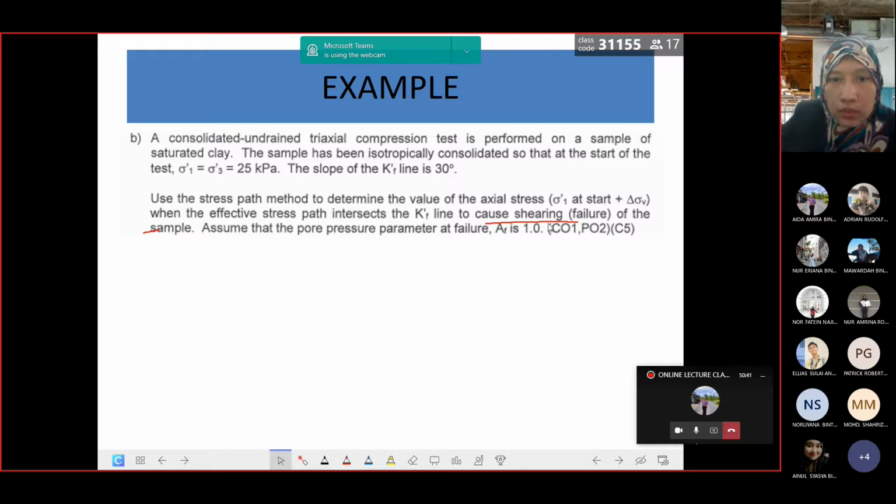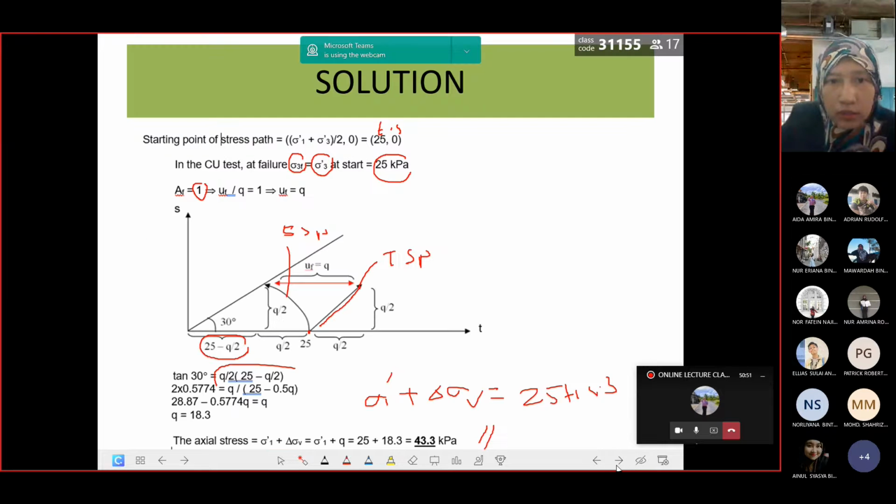So this is a conditions yang mana kita diberi maklumat awal tegasan tu sigma 3, sigma 1 sama dengan 25, kemudian the final angle is 30. In order to answer that one, first of all you have to take out dia punya informations, dapatkan dia punya coordinate dulu. So from here we can have that effective sigma 1 plus dengan effective sigma 3 over 2, 0.